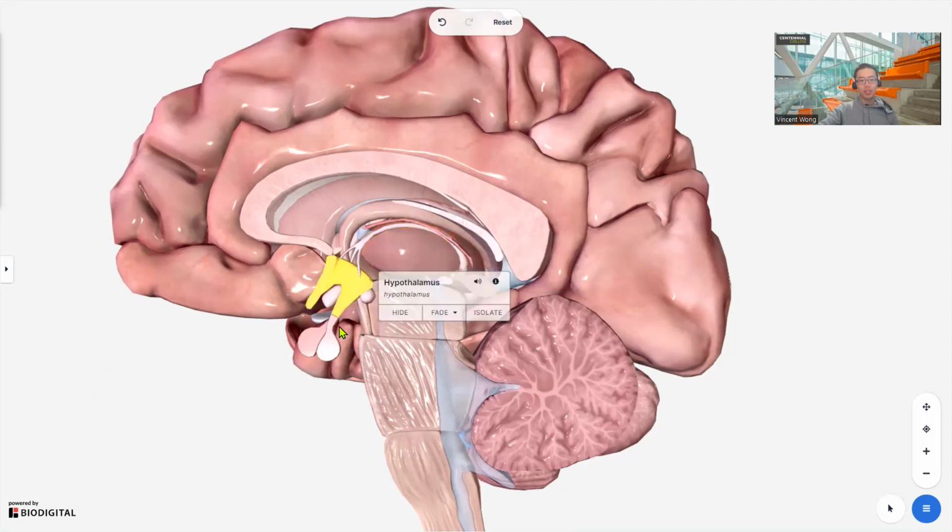Hypothalamus works closely with the pituitary gland, in that they regulate various internal processes to maintain homeostasis, to maintain an internal balance. So things like body temperature, metabolism, salt and water balance, all that stuff is regulated by the hypothalamus and the pituitary gland.